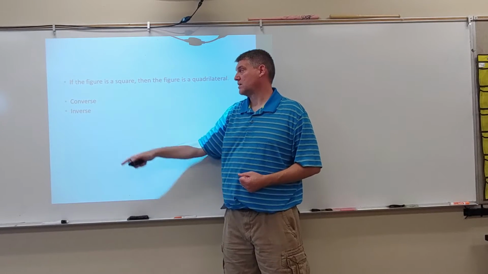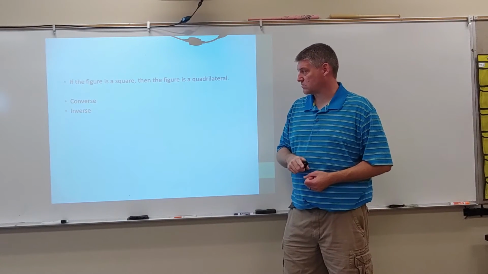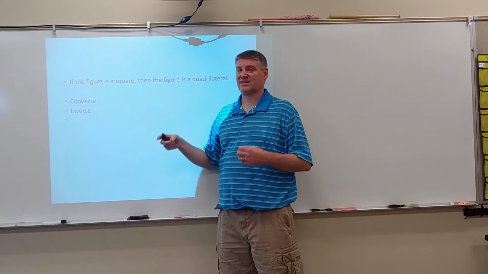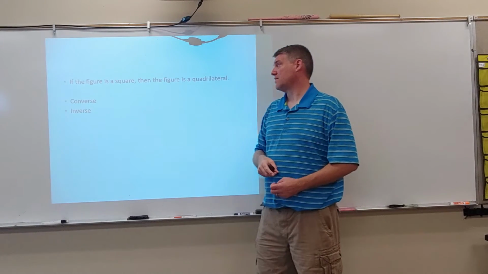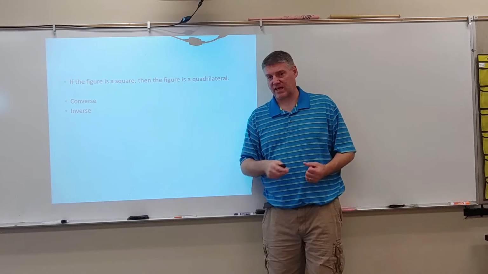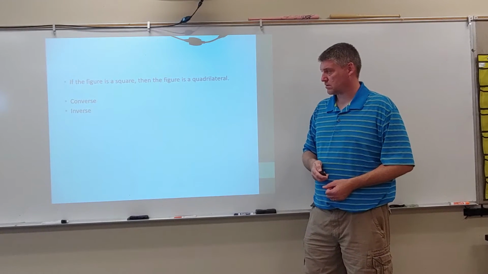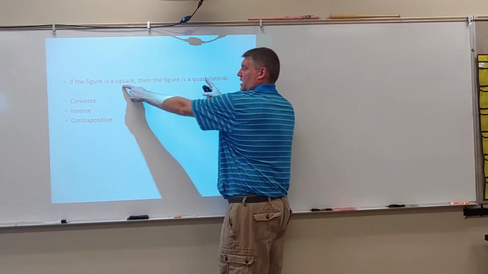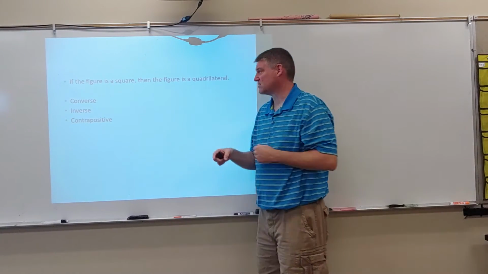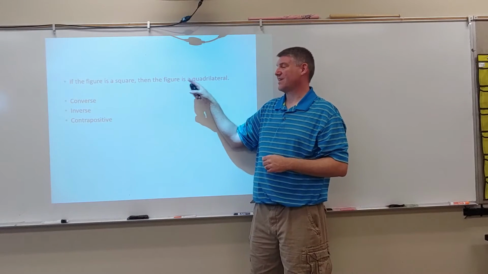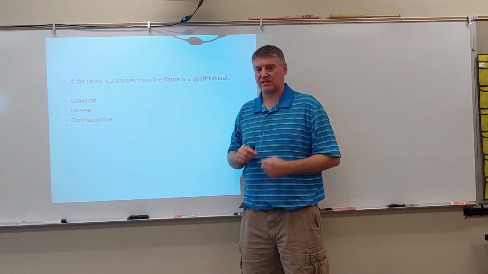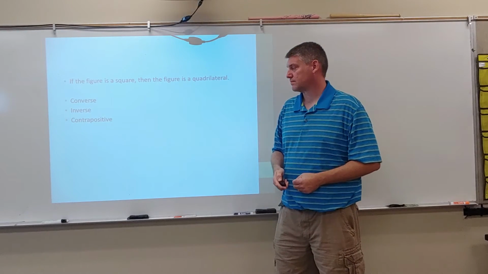The inverse is the negation of these, so I'm going to put not. If the figure is not a square, then the figure is not a quadrilateral. And the contrapositive, remember, I'm going to interchange and negate. So if the figure is not a quadrilateral, then the figure is not a square.